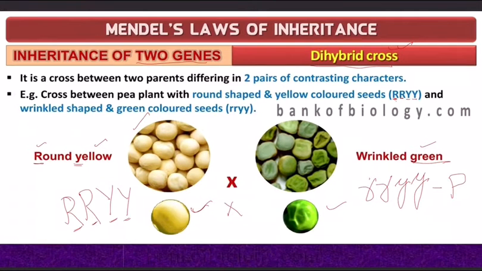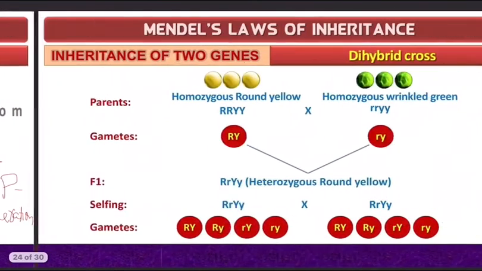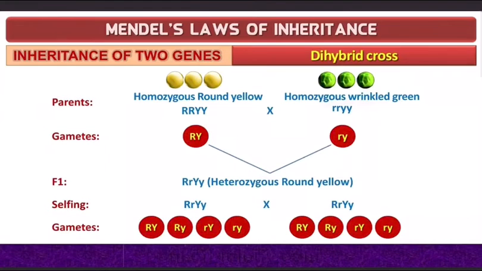So overall, since two characters are involved, we say dihybrid. So the parental generation genotype would be capital R, capital R, capital Y, capital Y versus small r, small r, small y, small y. This is the P generation. P generation means parental generation. So we have represented both phenotype as well as genotype in this fashion. I hope I made it very clear to you.